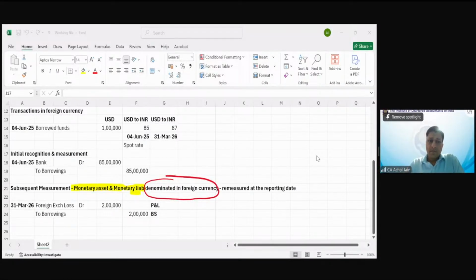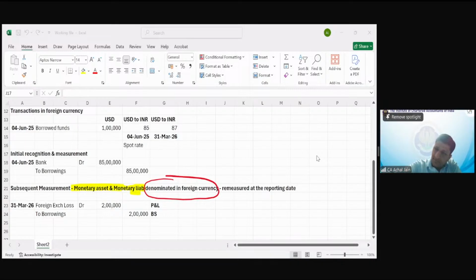Sir, my query is if the dollar rate will decrease, then on 31 March it will be add on profit. Yes, that's correct. Then you'll reduce the amount of liability. Then what will be the entry we will pass? You tell me the accounting entry that should be passed then.